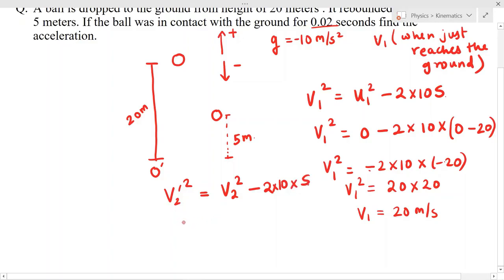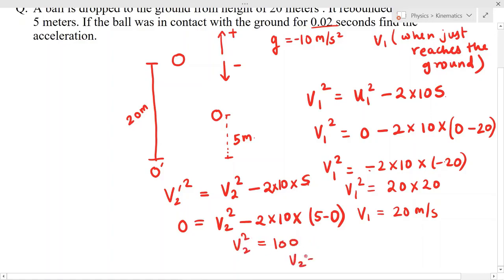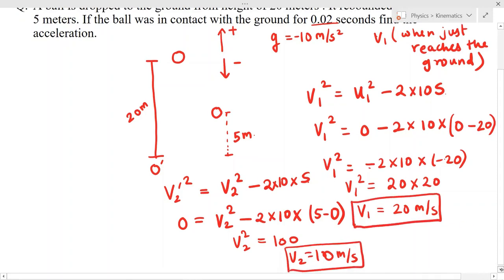This v2 dash squared is 0, which is the final velocity when the ball reaches the top, and v2 squared is what we have to find out, minus 2 into 10 into 5 minus 0, because 5 is the final position and 0 is the initial. 10 into 2 is 20, 20 into 5 is 100, so v2 squared is equal to 100. So v2 becomes 10 meters per second. This is your v2, and v1 is 20 meters per second.